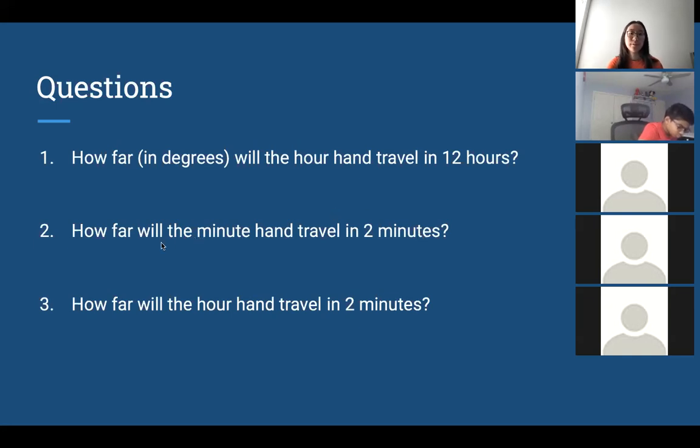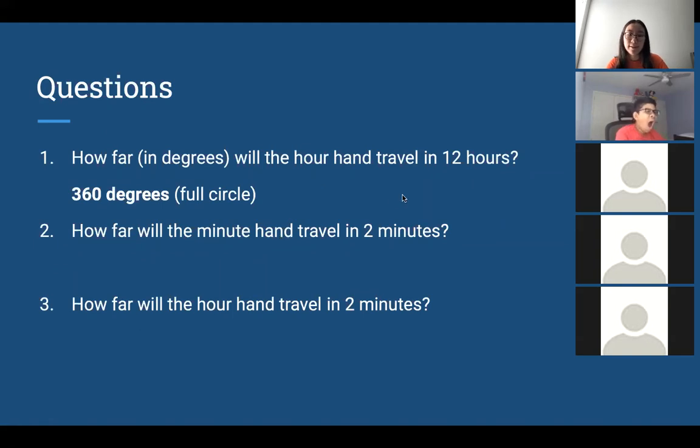Yep, perfect. The hour hand travels 360 degrees in 12 hours. If you just think about it, 12 hours is half a day, so it's going to go around the full circle of the clock, from midnight to noon.